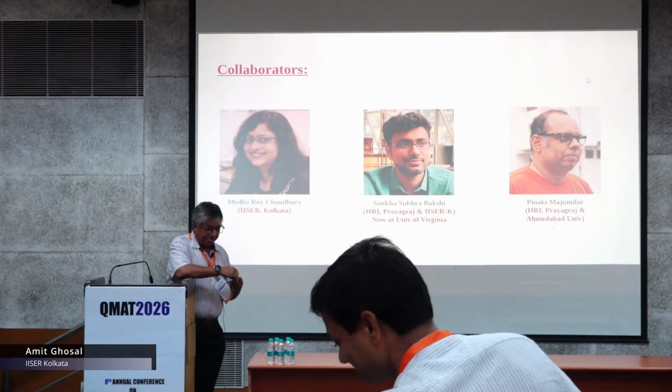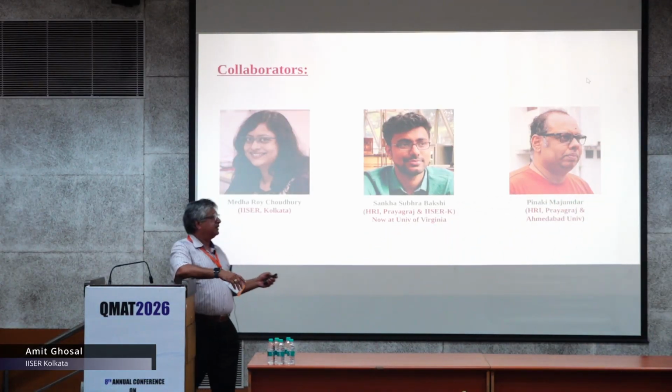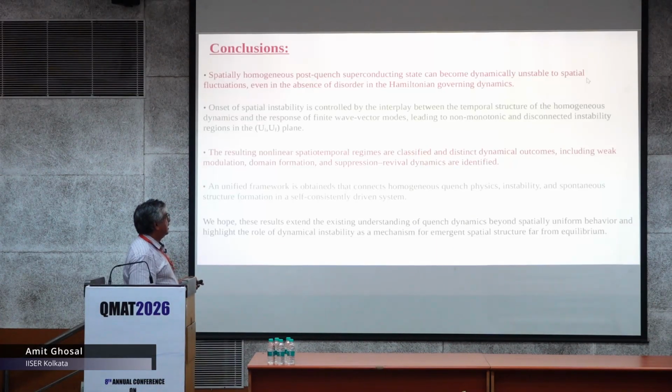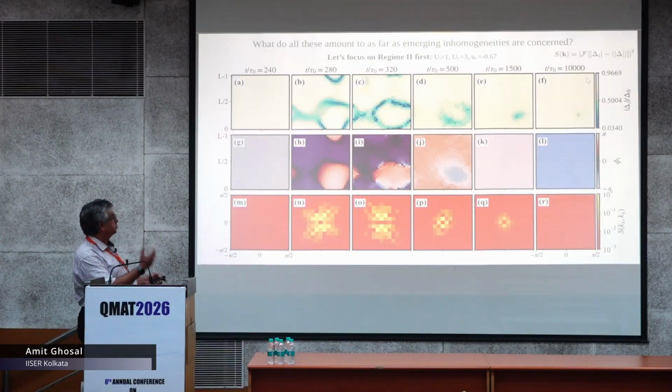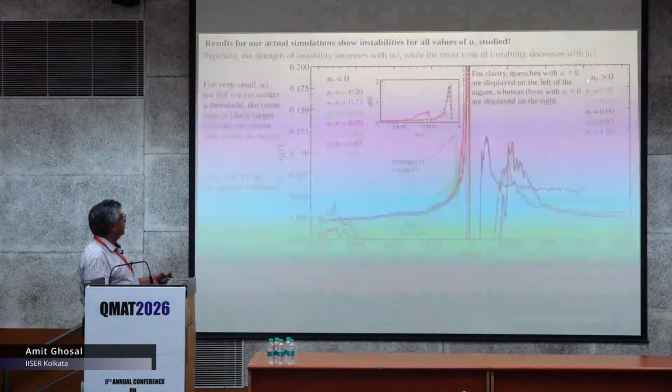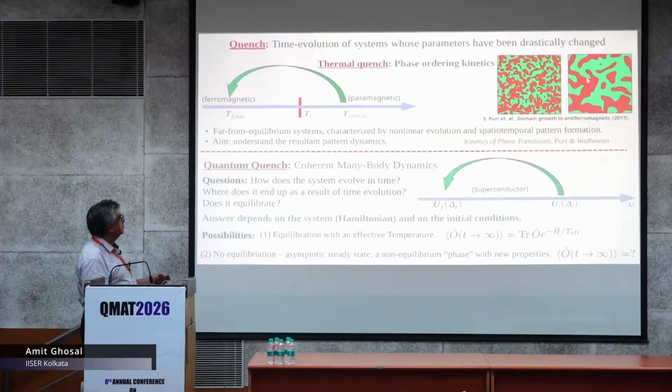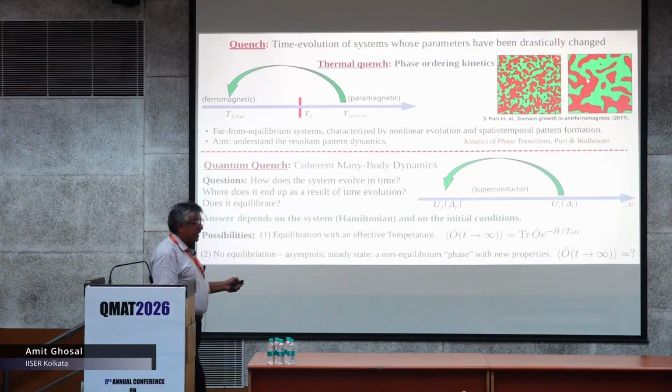Length scales, yeah. So this length scale should grow, which is what I was telling you at the beginning. Let me go back to the first slide, which is known for classical systems.